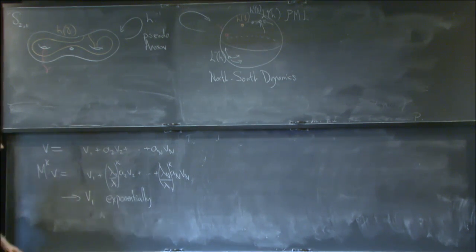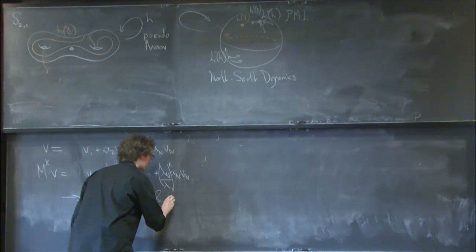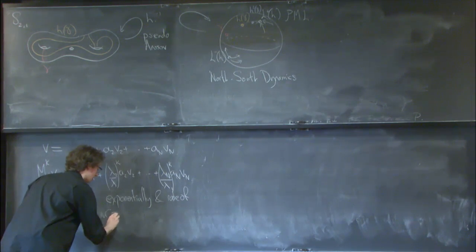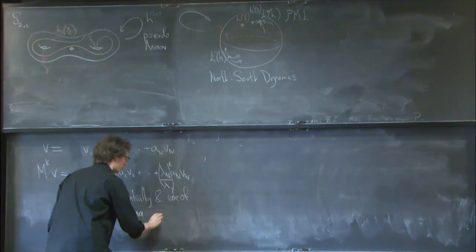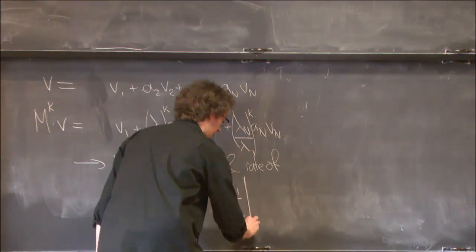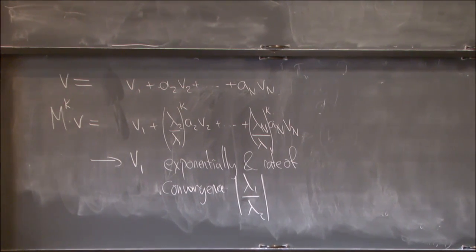So here, I'm going to say that this converges exponentially, and in fact, the rate of convergence is lambda 1 divided by lambda 2. And technically I need absolute values in here just to make it completely safe.